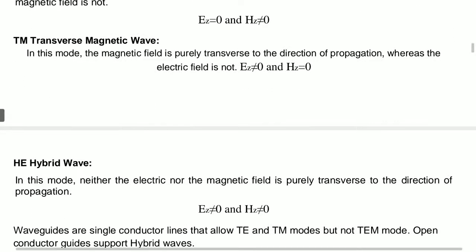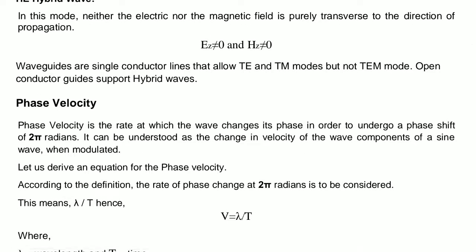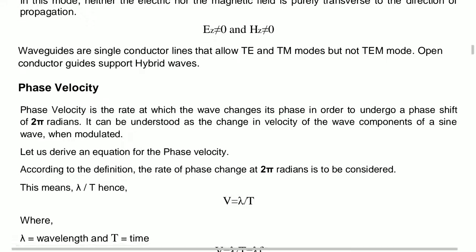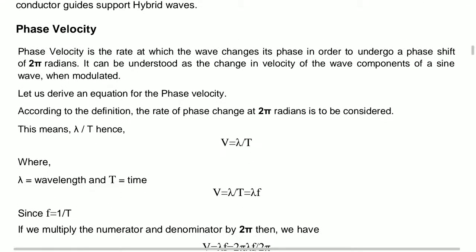Again we will move forward to some of the most important definitions for the waveguides, or the transmission of electromagnetic waves through the waveguide. The first definition is the phase velocity. The definition shows that phase velocity is the rate at which a wave changes its phase in order to undergo a phase shift of 2 pi radians.